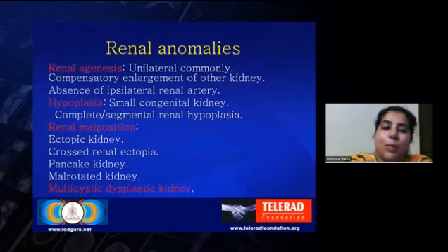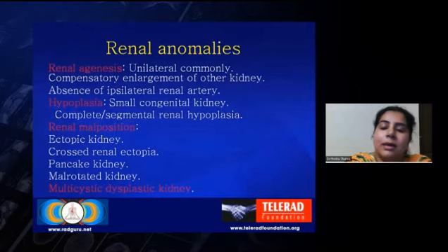Second anomaly is hypoplasia. Hypoplasia could be complete, which is also called global hypoplasia, or segmental renal hypoplasia. Now, how do we differentiate between a small congenital kidney and an atrophic kidney?